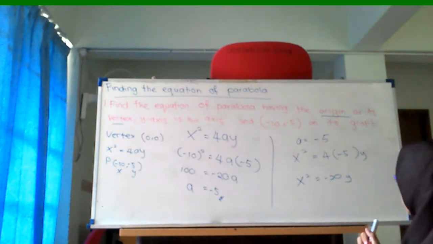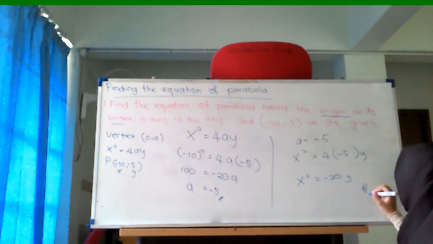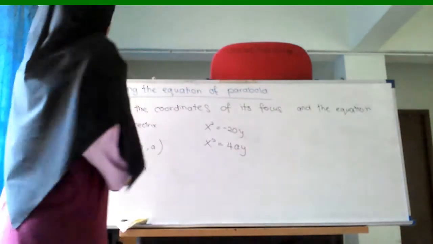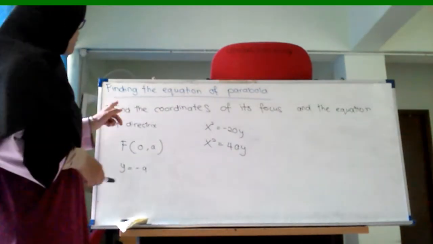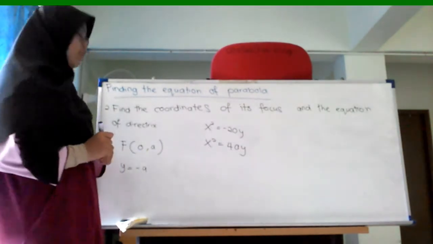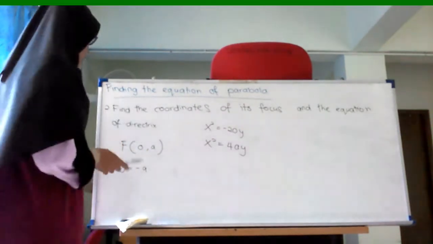Okay, the next question is to find the coordinates of its focus and the equation of the directrix. The focus is (0, a) and the equation of the directrix is y equal to negative a.